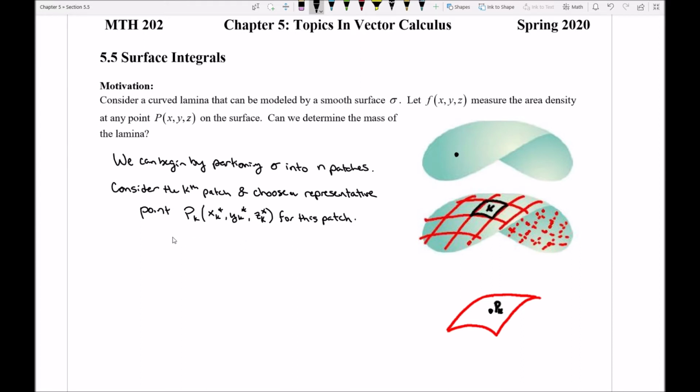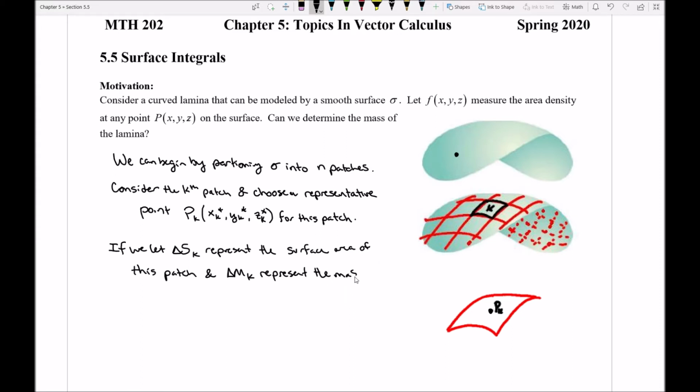And once I have that particular point, I could start to see some things. First off, if we let delta s with subscript k represent the surface area of this patch, and we let delta m sub k represent the mass of this particular patch, then we should be able to define the following.